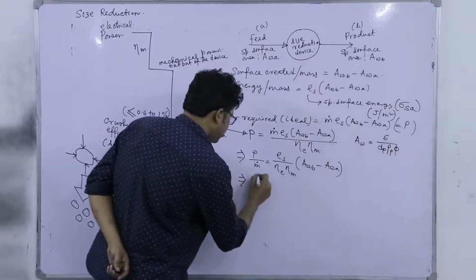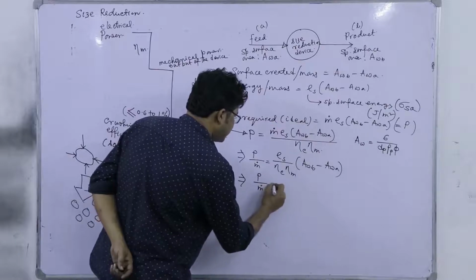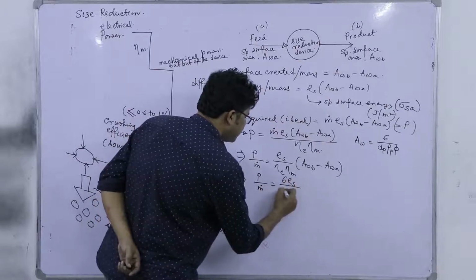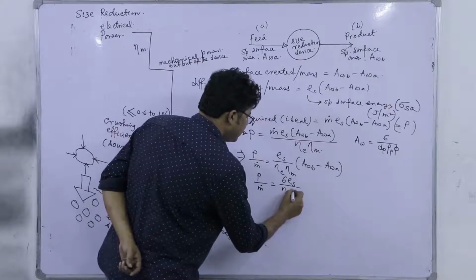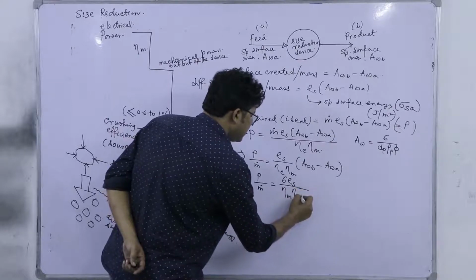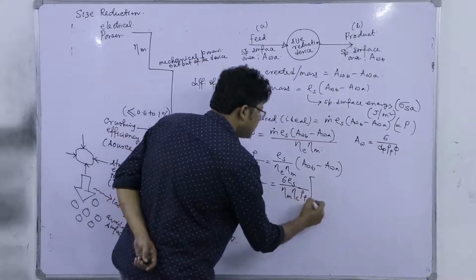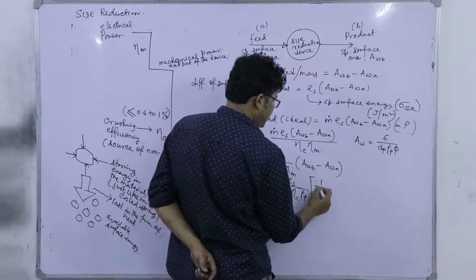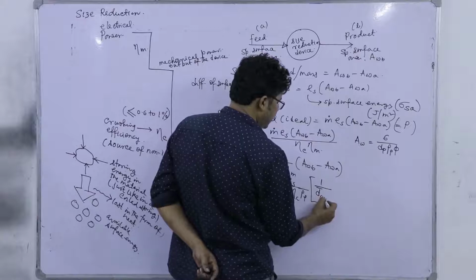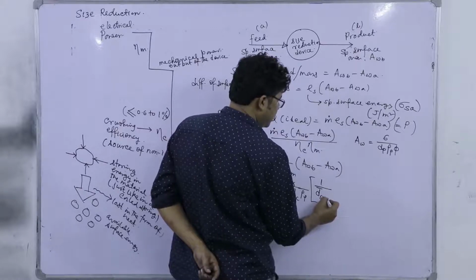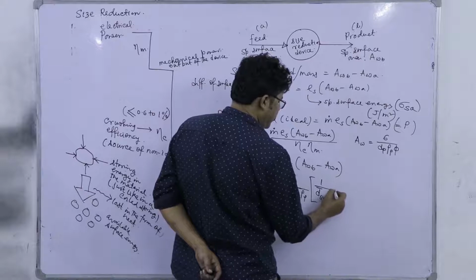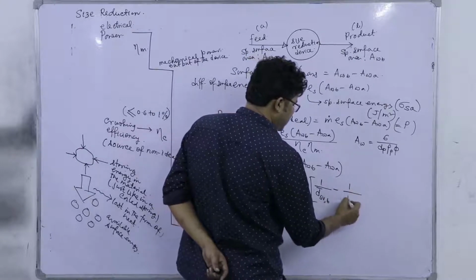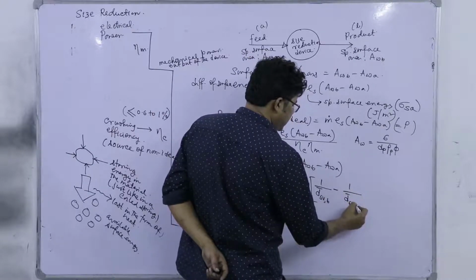So here we can write that P by m dot is equal to 6 ES divided by eta M eta C rho p, within brackets 1 divided by d bar, here we use the surface volume mean diameter for the product, minus 1 divided by d bar SVA.